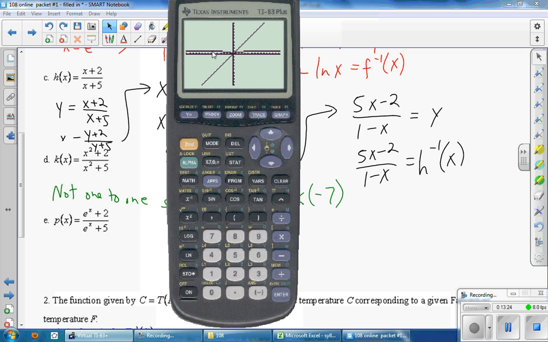And okay, there's not a lot to look at here, but I can buy that there's a horizontal line that hits it more than once. In fact, I think there are a lot of them. Maybe we can tighten this window up a little bit. Let's try 0 to 2 on the y's. Stretched out, and we can see, oh yeah, there's plenty of horizontal lines that hit the graph more than once, so this function is not invertible.